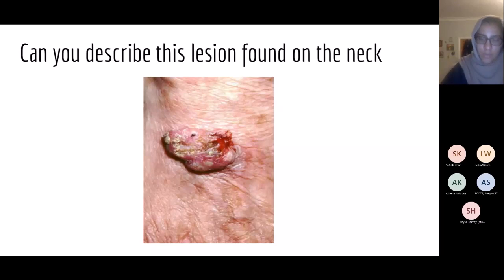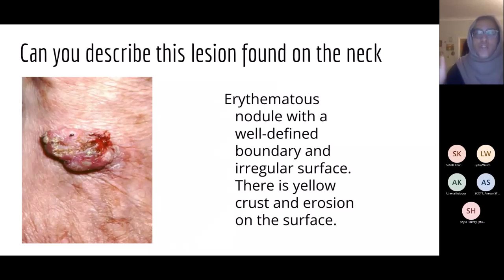Okay, so how you might want to describe this is an erythematous nodule with a well-defined boundary and a regular surface. You can see on the surface of this nodule there's some crusting, yellow crusting, as well as some erosions, these reddish areas. And you might want to mention that it looks like it could be bleeding as well on the surface of this nodule. And what this lesion is describing is a squamous cell carcinoma.